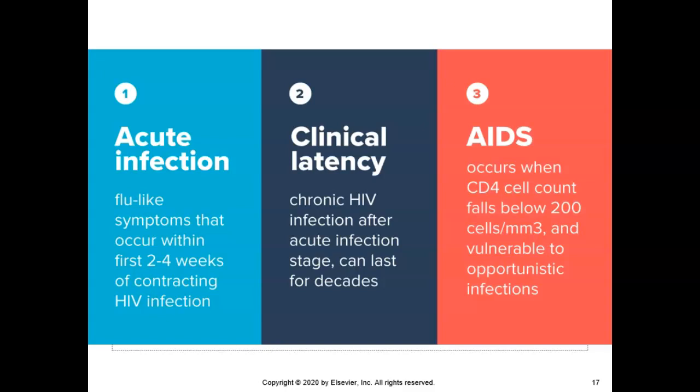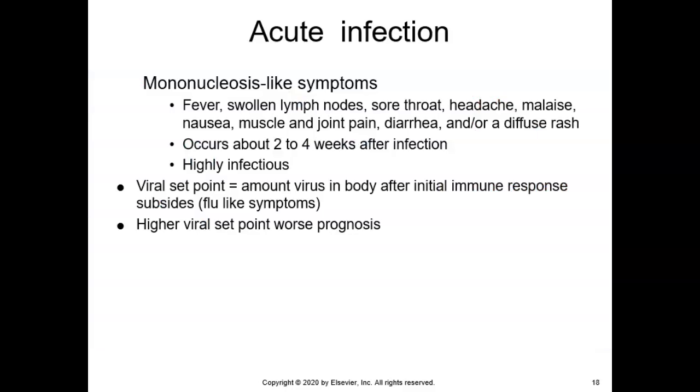All right, so what happens in acute infection? Acute infection is when there's seroconversion. Antibodies can be detected in lab work, which occurs 2 to 4 weeks after the initial infection. Most folks who experience this complain of, sometimes they say, the worst flu they've had in their life, but pretty vague and nonspecific overall, mono-like symptoms, and I have them listed for you.